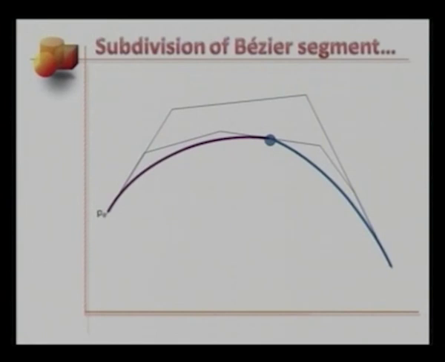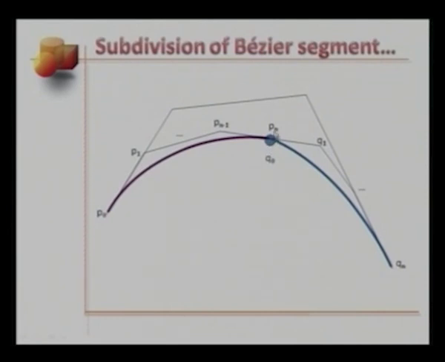So the first control polyline is given by points p sub 0, p sub 1, so on and so forth, p sub n minus 1, and p sub n. And the second one is given by q sub 0, q sub 1, so on and so forth, up to q sub n. Notice two features here.